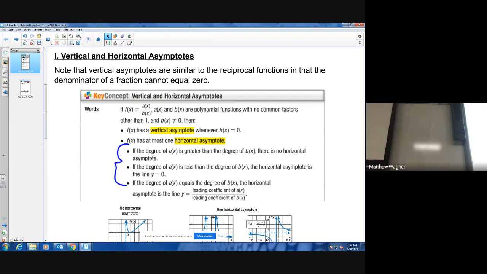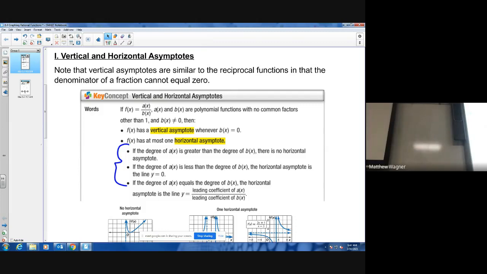If the powers are the same, like x cubed over x cubed, the asymptote is going to be the ratio of those polynomials' leading coefficients. I'll go through each of those as we go.